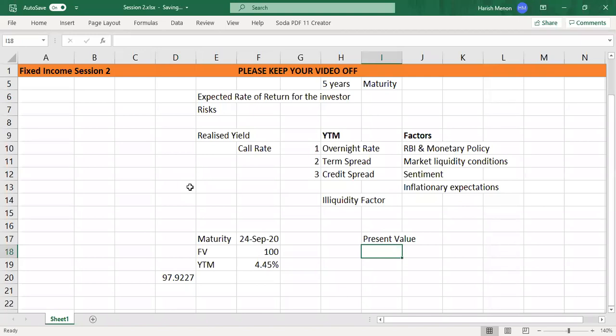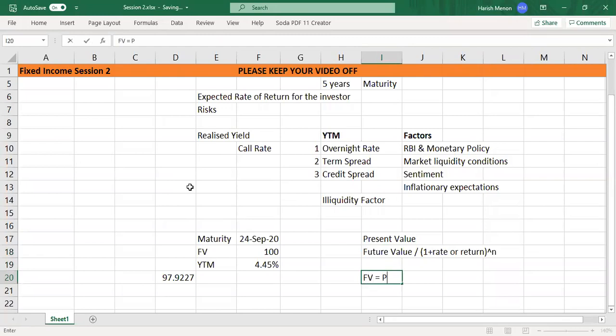Present value is nothing but the future value of any cash flow divided by 1 plus the rate of return that you are expecting. This is how you calculate. And if it is more than 1 year, we say to the power n. There is something called compounding effect that will come. So I hope you have done this formula.